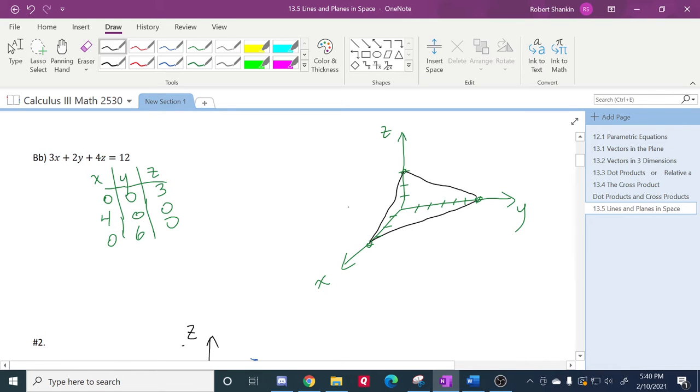Imagine this plane going out forever. And we have this. Alright, give me a little feedback on part B.